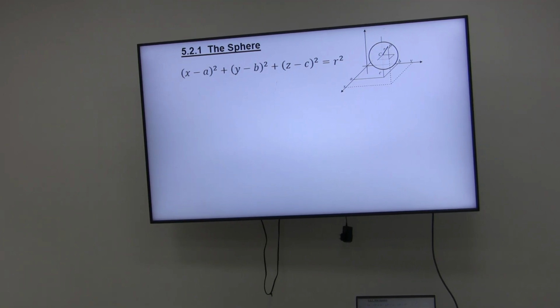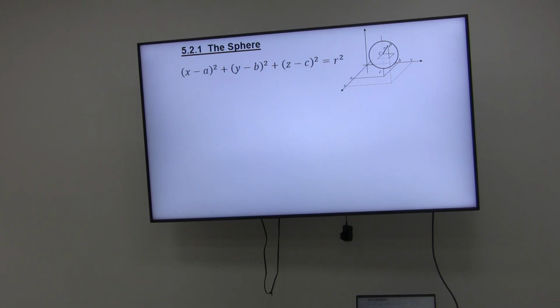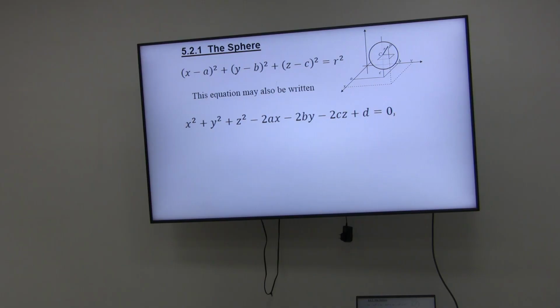Okay, that's the equation of the sphere. What if I want to expand it? If I want to have it explicitly, this is going to be the shape. If I give you the equation x squared plus y squared plus z squared minus 2ax minus 2by minus 2cz plus d equal to 0, I can identify the center.